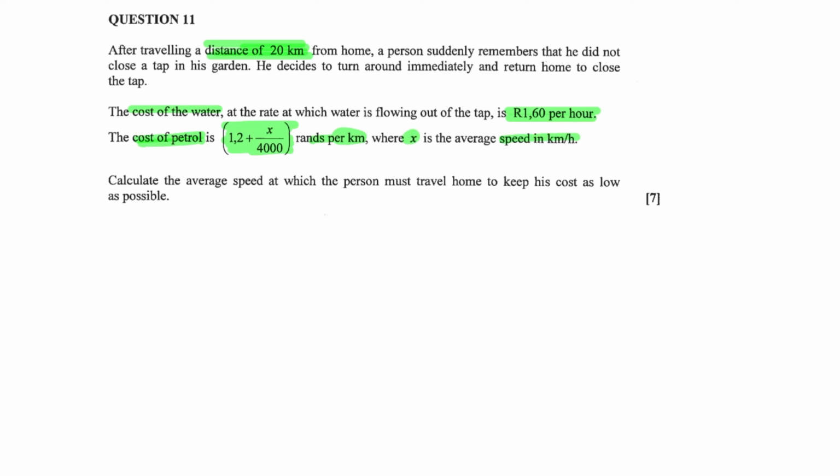After highlighting that information, we see we have distance, we have per hour, which is time, and we have speed. So we need to calculate the average speed in terms of cost, because we also have the cost of water and the cost of petrol, and we want to keep cost as low as possible.